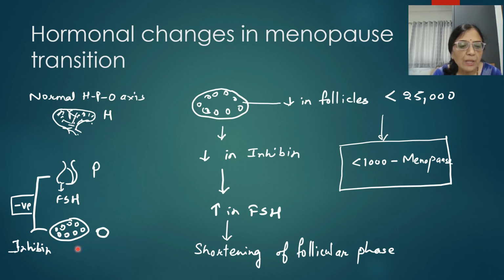Inhibin is secreted mainly by developing follicles, and it has a negative feedback on the pituitary, which normally leads to a fall in FSH. Whenever the inhibin level falls, this negative feedback is lost, and that leads to a rise in FSH. So that is how there is an inverse relationship between inhibin and FSH.